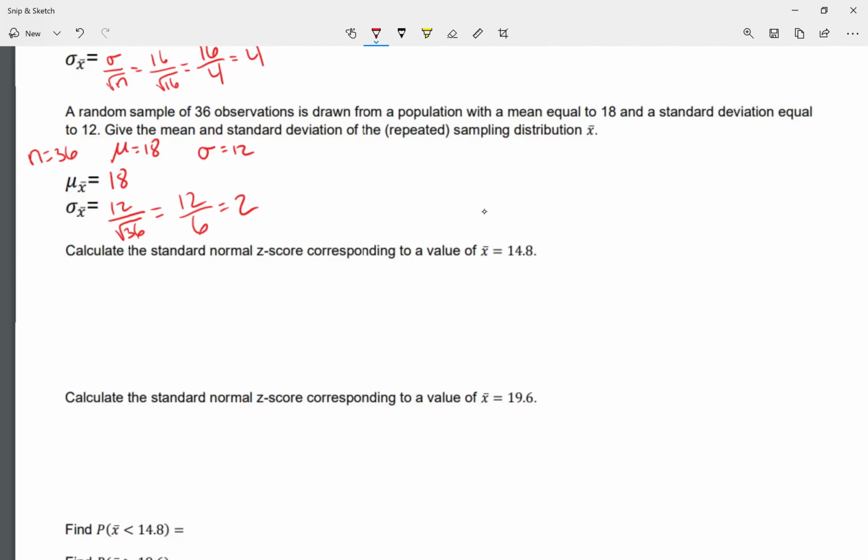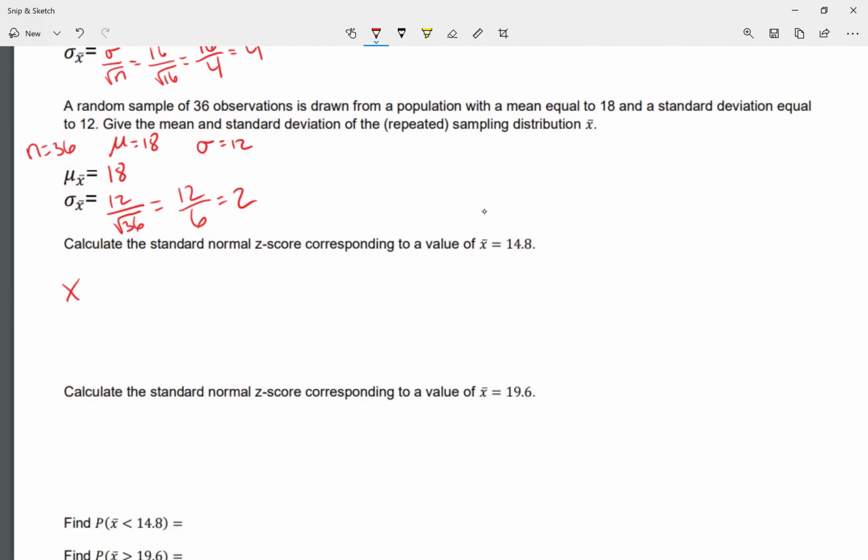Now, using that, here it says calculate the standard normal z-score corresponding to a value of X bar equal to 14.8. Remember how we used to do X minus mu divided by sigma. That's how we got our z-score in our previous unit. Now it's pretty similar.